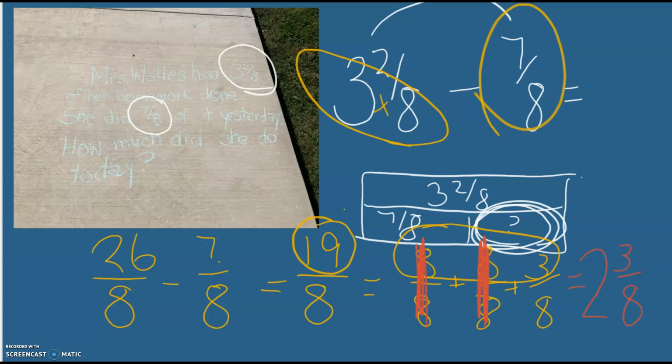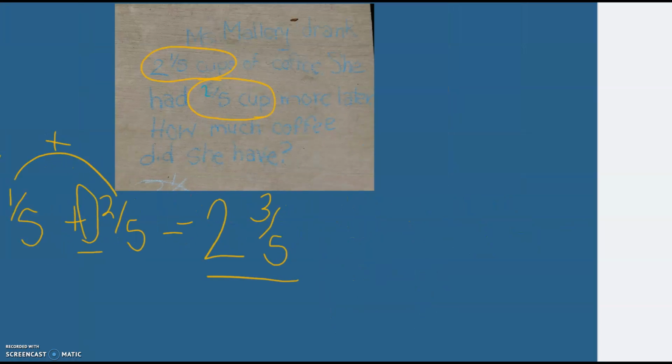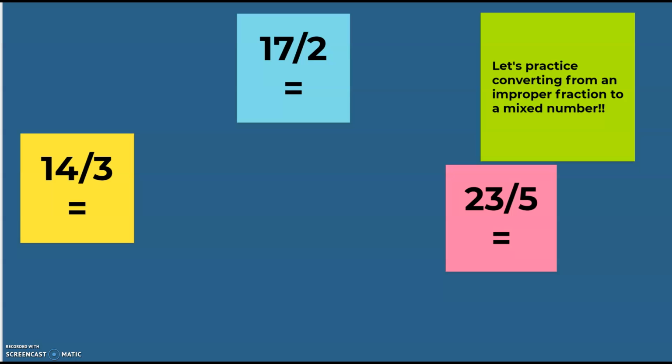So my answer to Miss Wallace's question is that she did 2 3/8 of her homework. Or today, I'm sorry, she did 2 3/8 of her homework. All right, so let's practice converting from an improper fraction to a mixed number a little bit more.